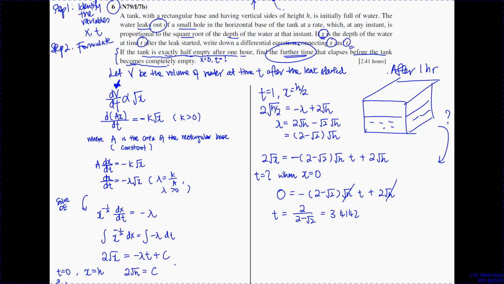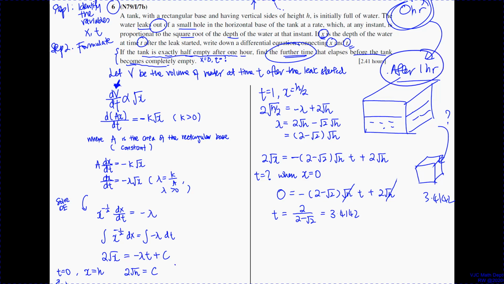So this is 0 hour. After 1 hour is like that. After how many more hours such that the tank becomes completely empty? Because from 0 hour you count until here is empty. From here to here is 3.4142.